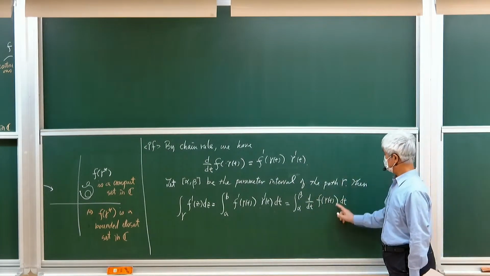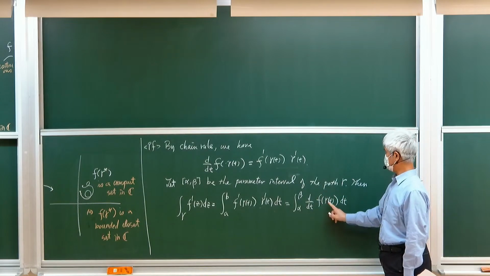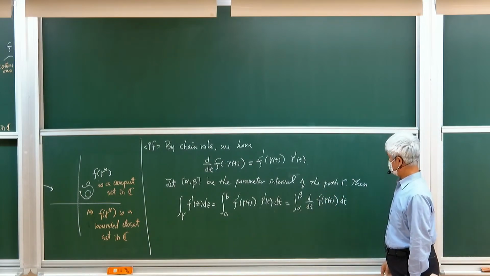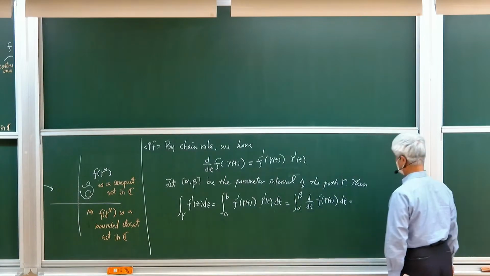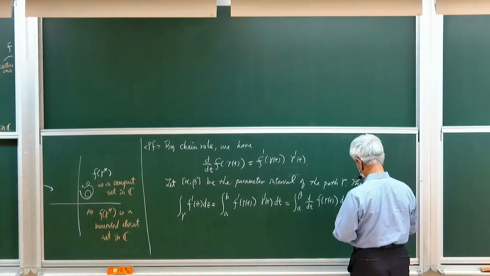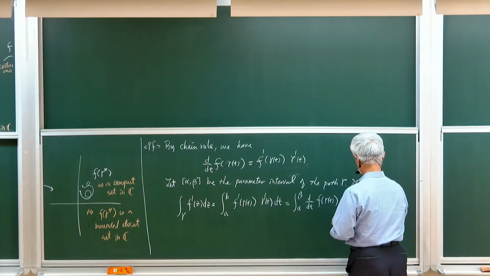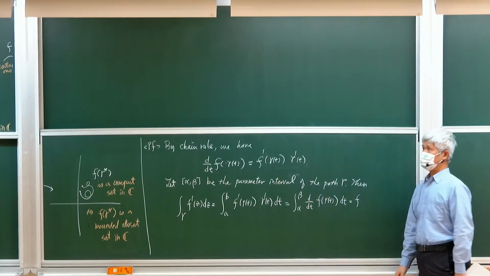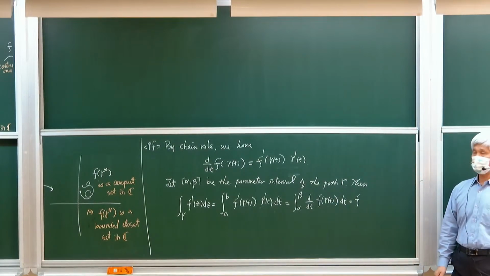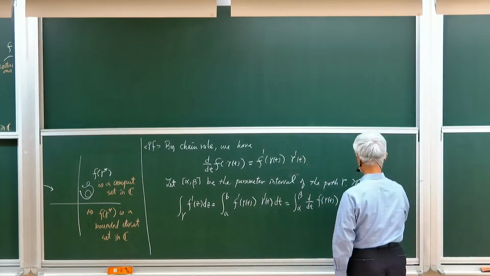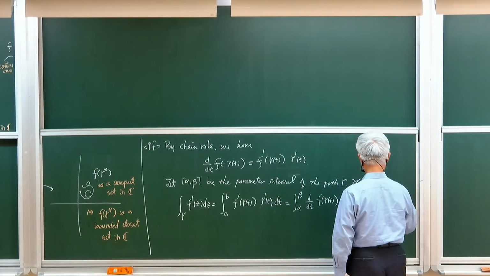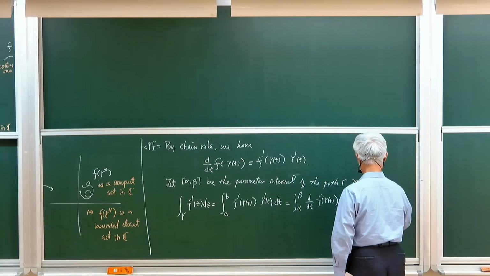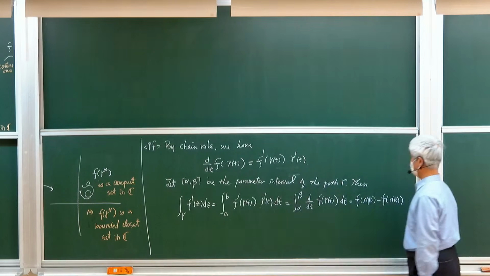And here this is a function of t, so by the fundamental theorem of calculus, this is actually f of gamma beta minus f of gamma alpha, the difference.